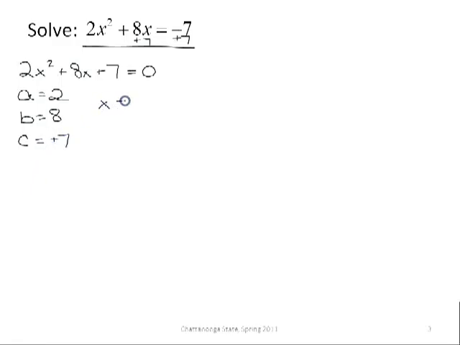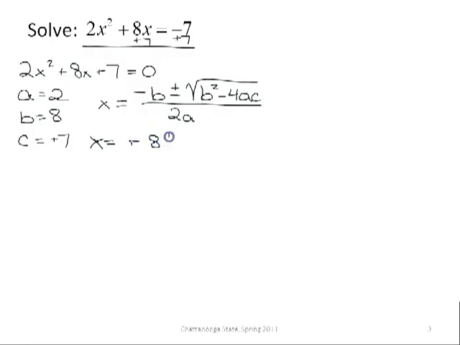Now I want to write down my formula. x equals the opposite of b plus or minus the square root of b squared minus 4ac all over 2a. So now I want to put my values in. The value for b is 8. So this tells me to use the opposite of 8.